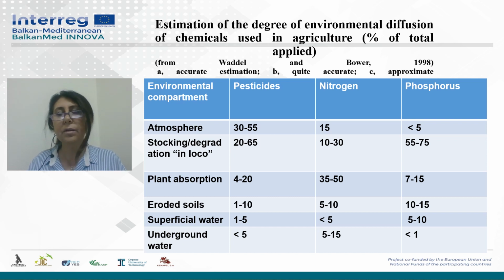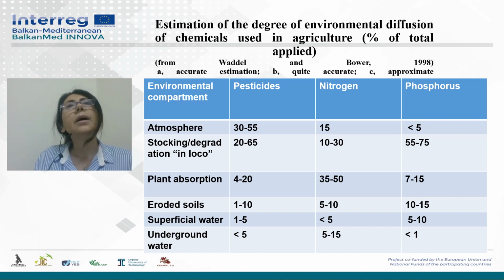In fact, nitrogen is soluble and can move more. Of the fertilizer microelements, it is the one that moves the most and goes more to the water, groundwater and surface water, and can pollute the environment much more and create the problems of eutrophication, as we spoke about before.